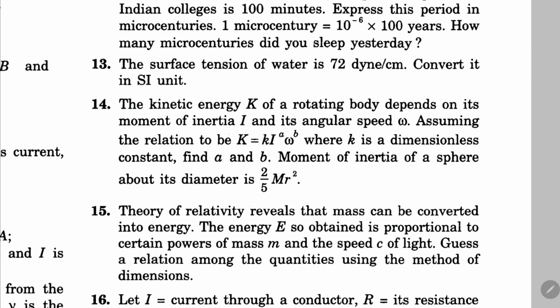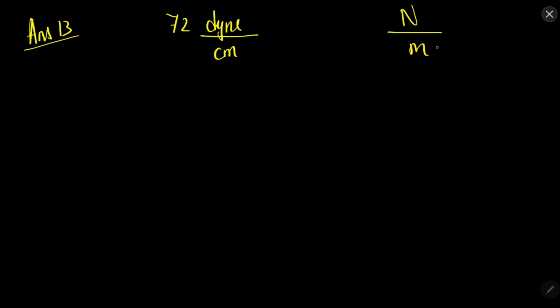Now in question number 13 we have to convert the units 72 dyne per centimeter into SI unit. So answer 13, 72 dyne per centimeter. The SI unit is Newton per meter. So 72 into, now what is 1 dyne?